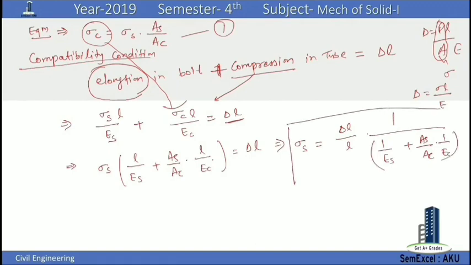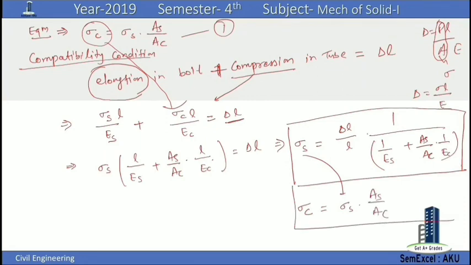This is equal to the required stress in the bolt. We have to also calculate the stress in the copper tube, that will be equal to sigma S into AS by AC.